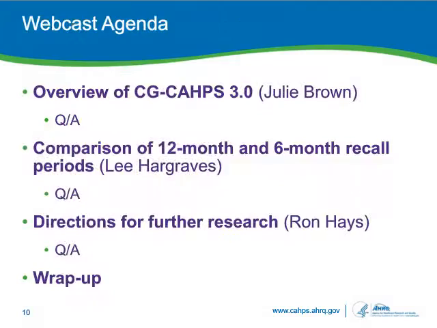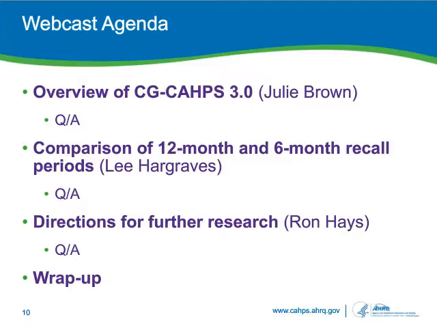So our plan for the 90 minutes that we've reserved for the webcast today is to start with an overview of CG-CAHPS 3.0 from Julie, and then we'll take a few minutes to answer questions with respect to her segment. And then Lee will present findings from a study that compares survey results obtained in 4 community health centers, comparing the 12-month and 6-month version of CG-CAHPS, since 3.0 is based on a 6-month recall period.